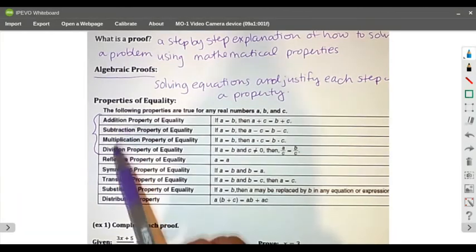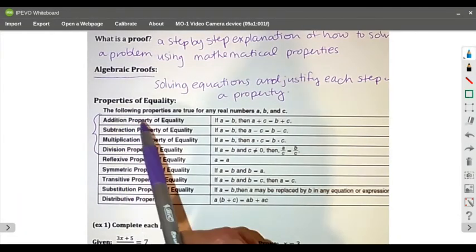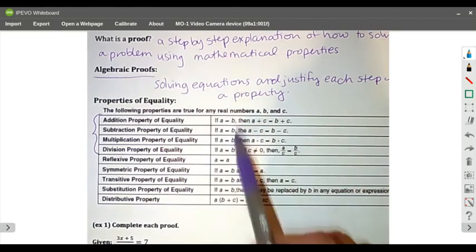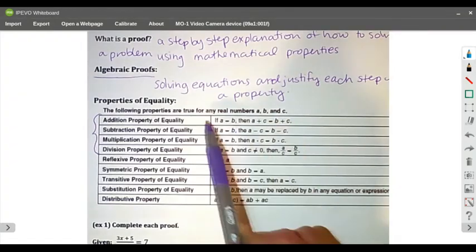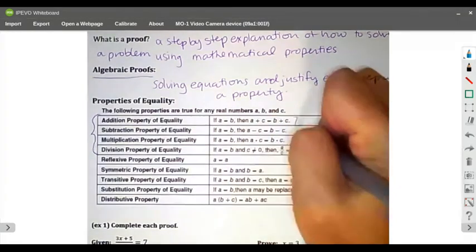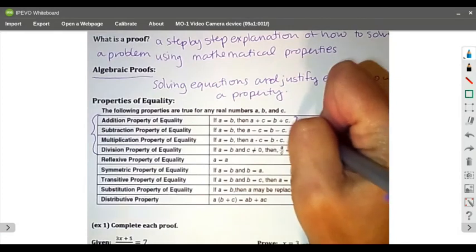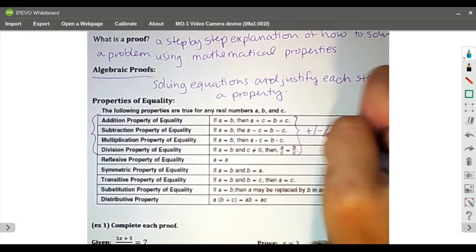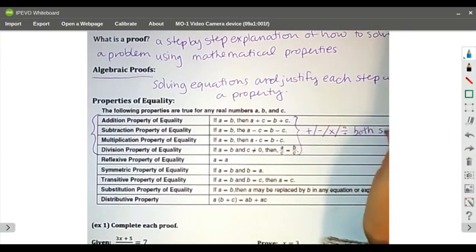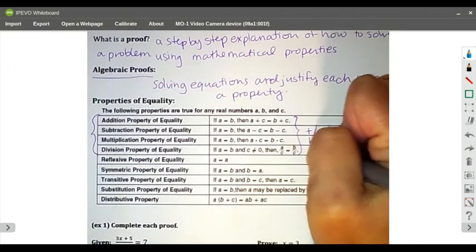Anytime that you do that, it's these properties of equality that say that you can. This example shows if I had A equals B and I added C to both sides, these properties say that when you do that, it doesn't change the equation. So this is when you add, subtract, multiply, divide both sides. It has to be both sides by the same number.